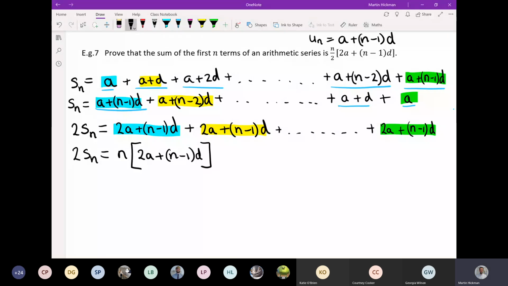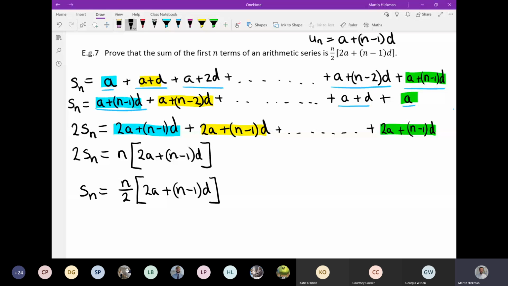And then simply, if I want to find Sn, the sum, I just divide this by 2. And then I get the formula that I'm asked to show.